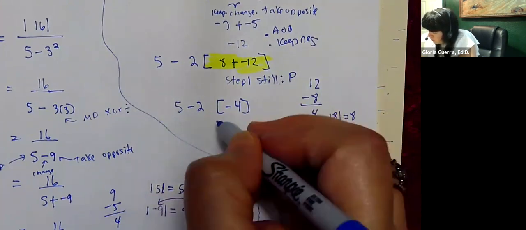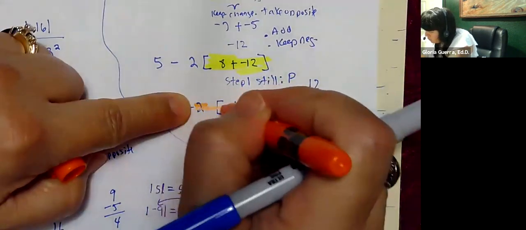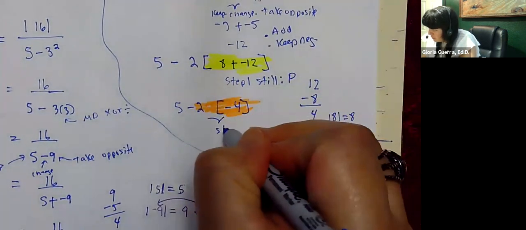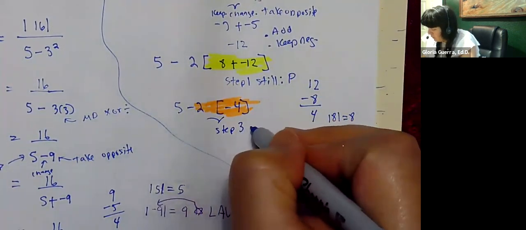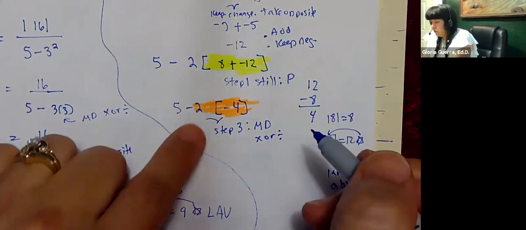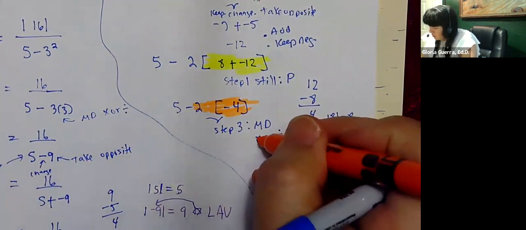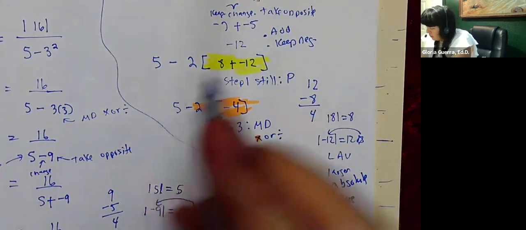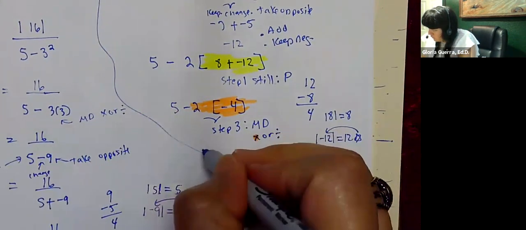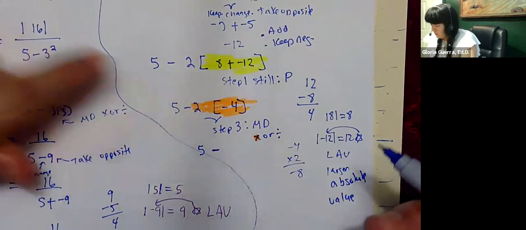And so now you focus on this part here, the 2 times the negative 4. Now this is step 3, where we do the multiplying or dividing. You don't have division, you just have multiplication. Okay. And I would say 2 times negative 4 is a negative 8. So now you have 5 minus, and you see this gives you the negative 8.